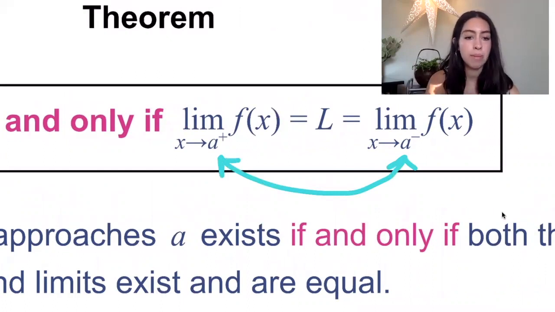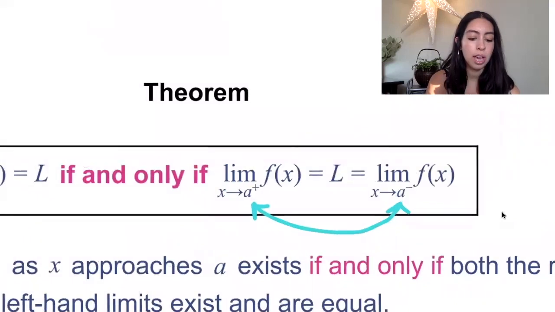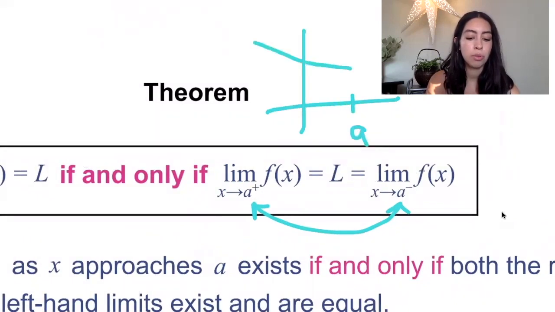So what that means is we need to have a function that from both directions leads to the same value, which in this case we call L.